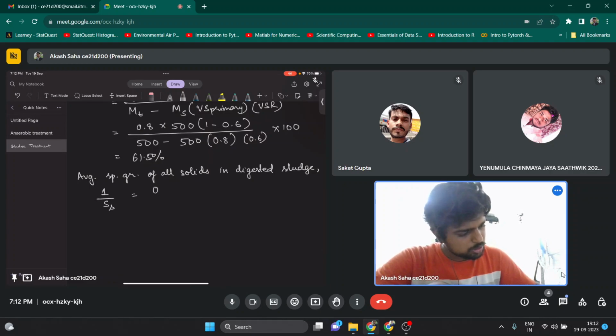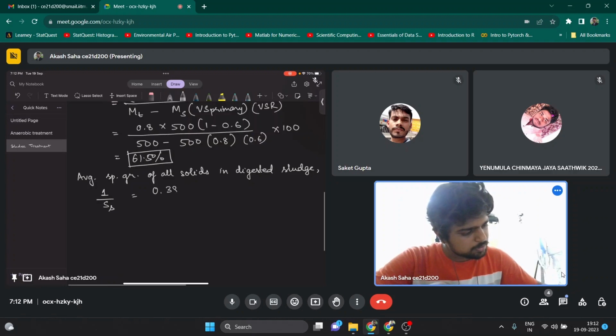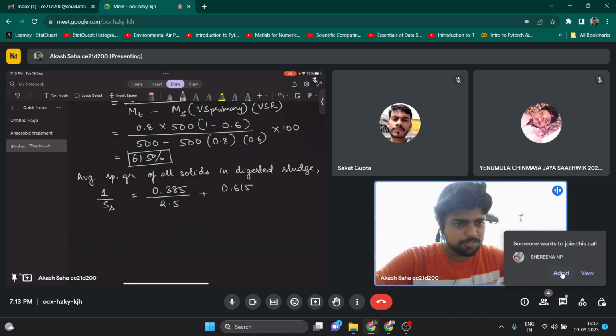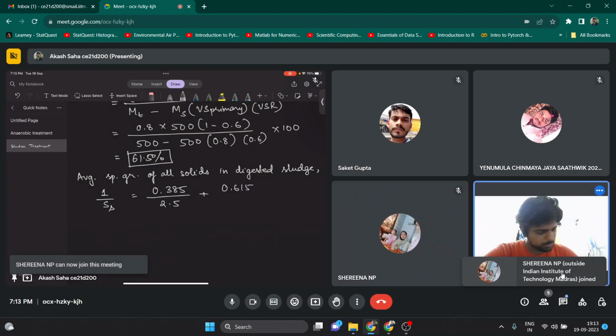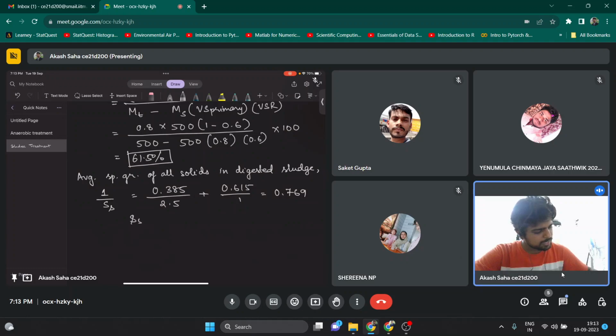This is the volatile solids content, so my fixed solids content will be 0.385 divided by 2.5, the specific gravity of the fixed solid, plus 0.615 by 1, equal to 0.679, so my SS will be equal to 1.3.